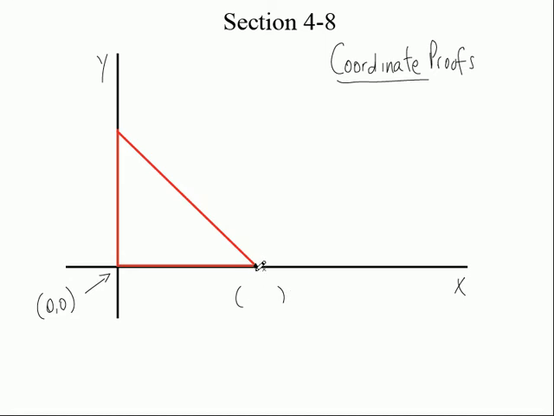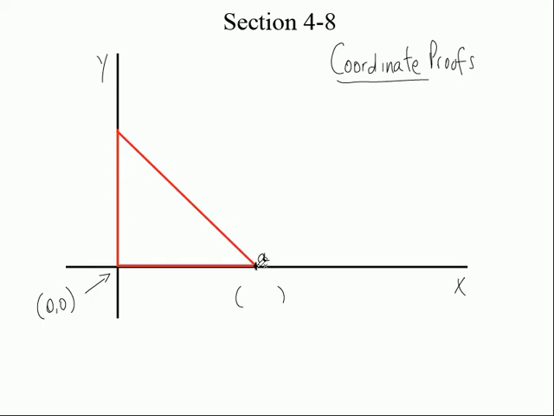But what do you think? Do you know how far over you went as far as number-wise? No, not really. So we need something to represent the measure that we go over. Yeah, you could call it x, but they don't call it x because it's a little confusing. Instead of x, when you go over horizontally, they call that a. So this point right here is point A, lowercase a. But what would the ordered pair be? You can't just say it's point A. It's A, 0, because you go over a, whatever that length is.